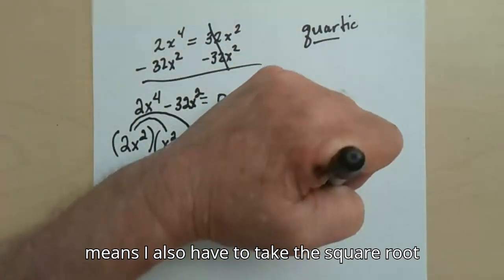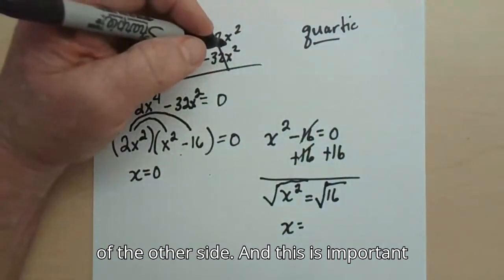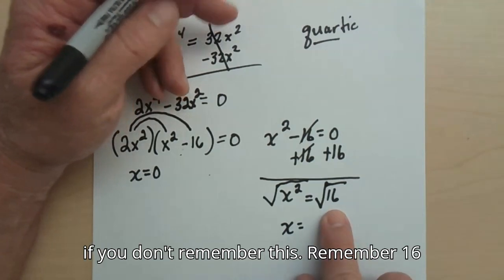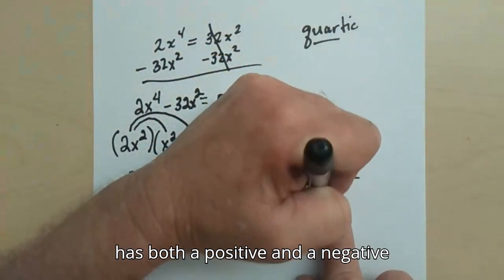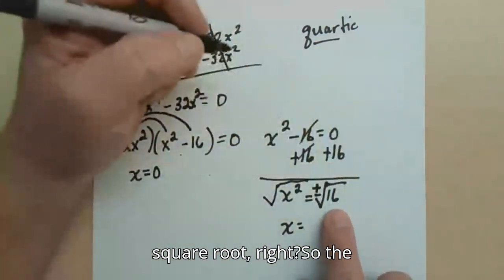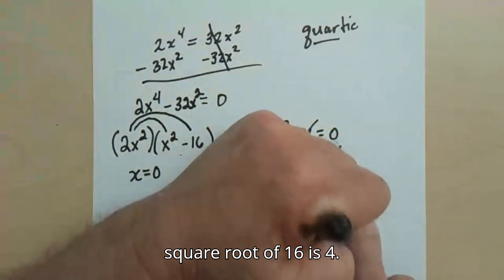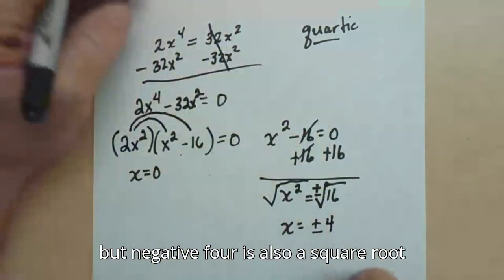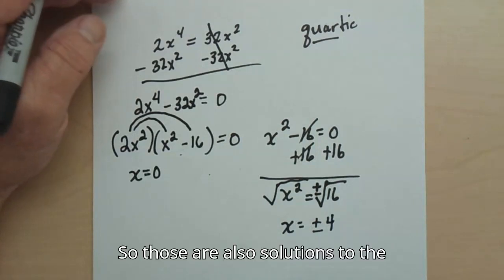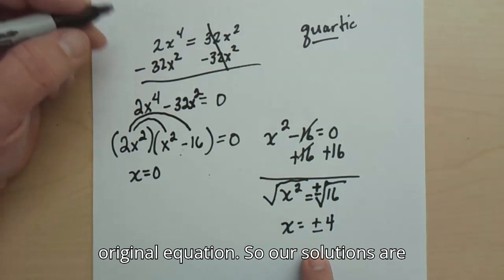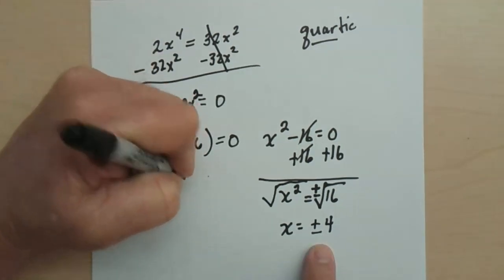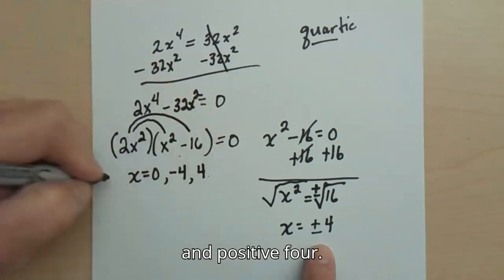But that means I also have to take the square root of the other side. And this is important because you won't find all the solutions if you don't remember this. Remember, 16 has both a positive and a negative square root, right? So the square root of 16 is 4. But negative 4 is also a square root of 16. Do y'all see? So those are also solutions to the original equation. So our solutions are 0, negative 4, and positive 4.